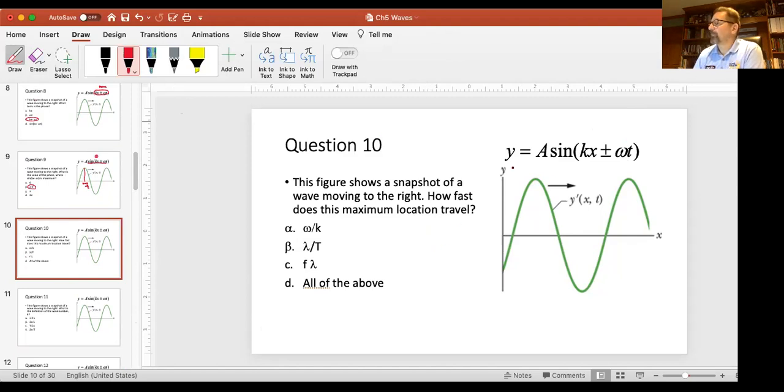And the maximum I'm talking about, that point right there, how fast does it go? The speed of a wave, a traveling wave.